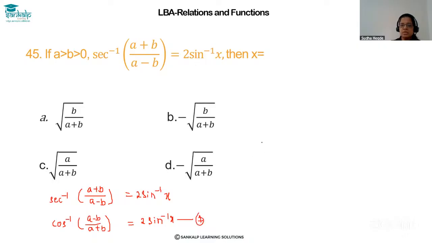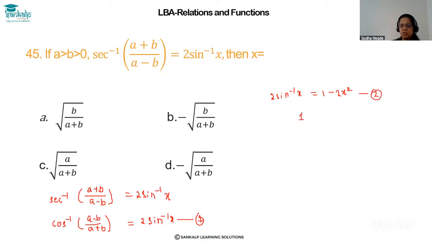Also, we have the result 2 sin inverse x is equal to cos inverse of 1 minus 2x square. Correct? So take this as equation 2.